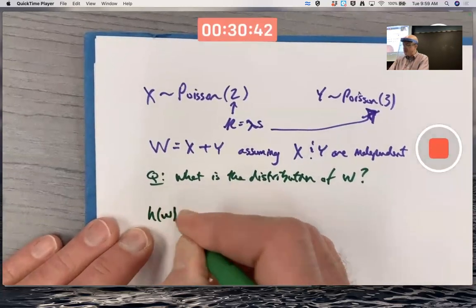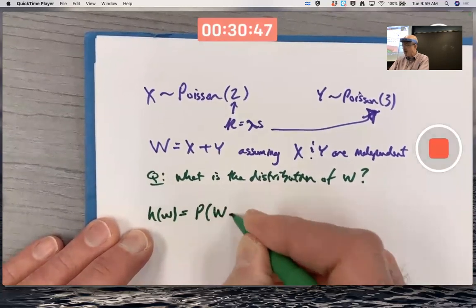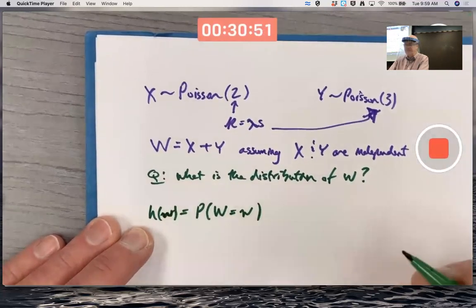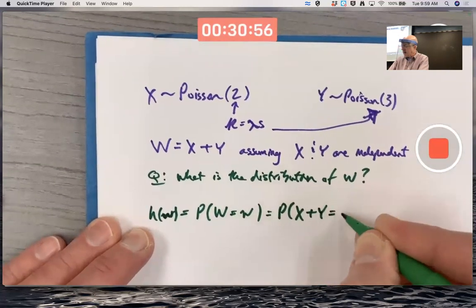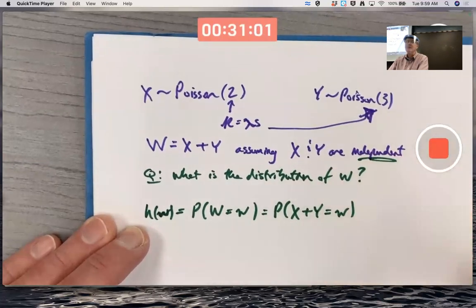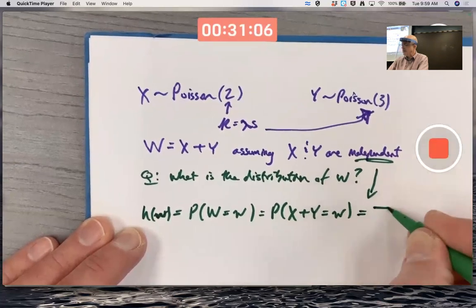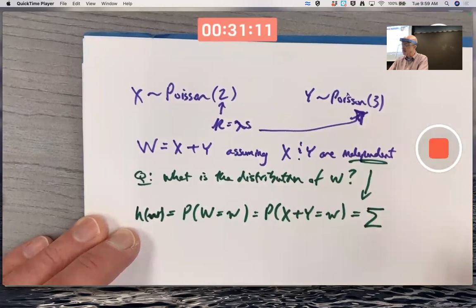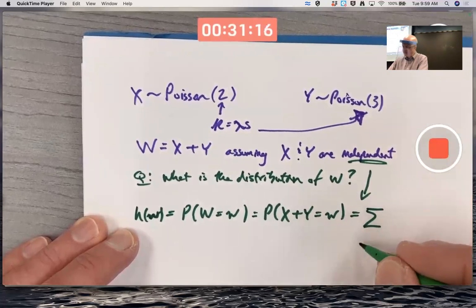So h of w, just like before, is going to be the PMF, probability mass function, for W. It is this probability. I should use a cursive w to emphasize it's lowercase here. And because of independence, that allows me to say, ultimately, that this is a summation of products of the PMFs of X and Y. Same kind of summation that was on the other page.